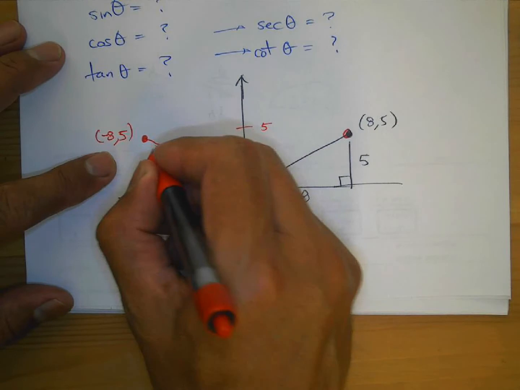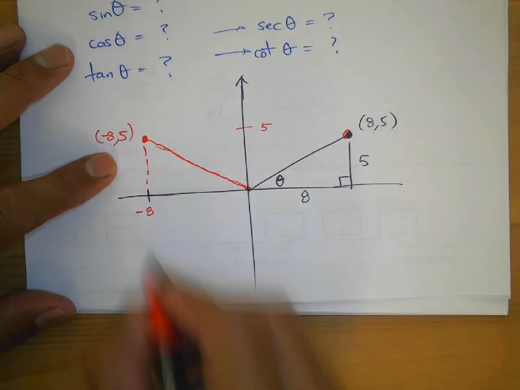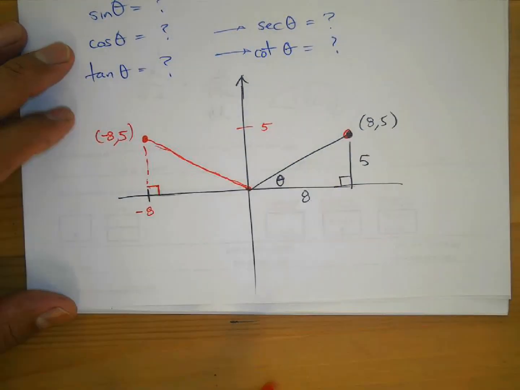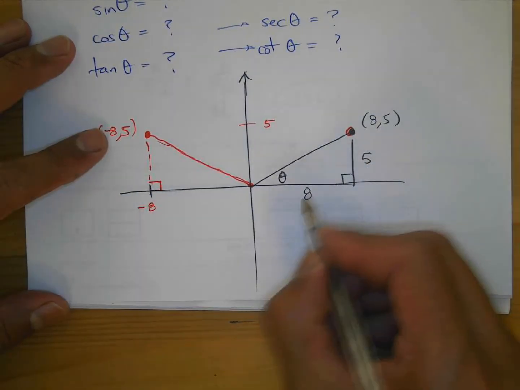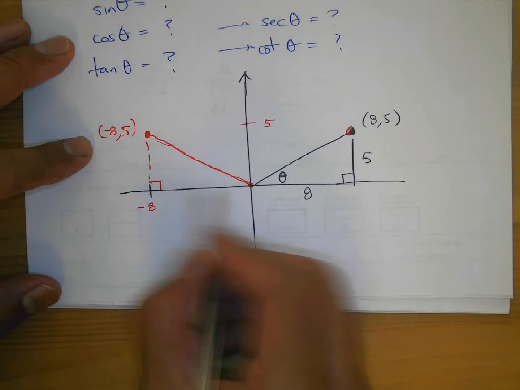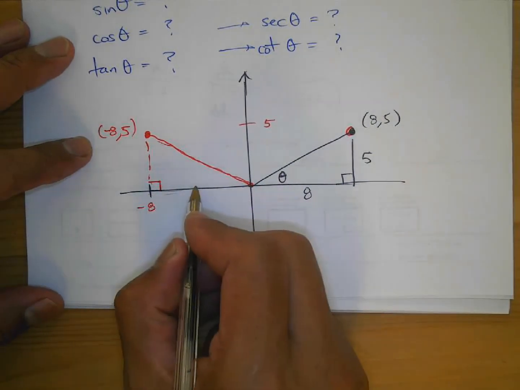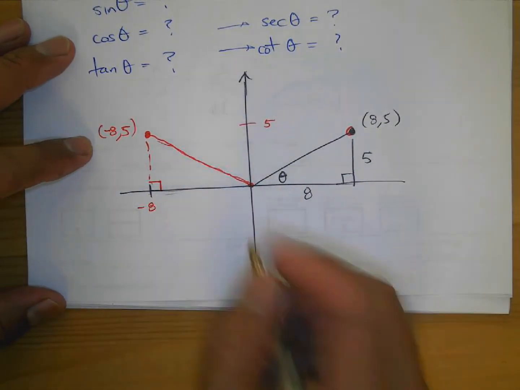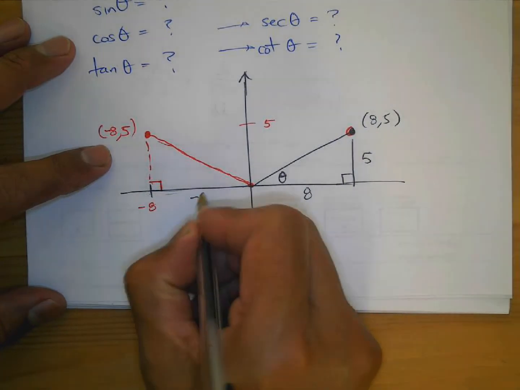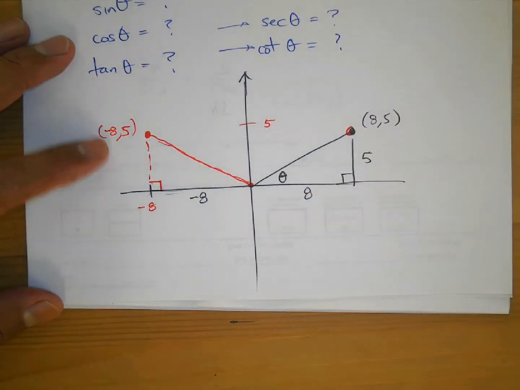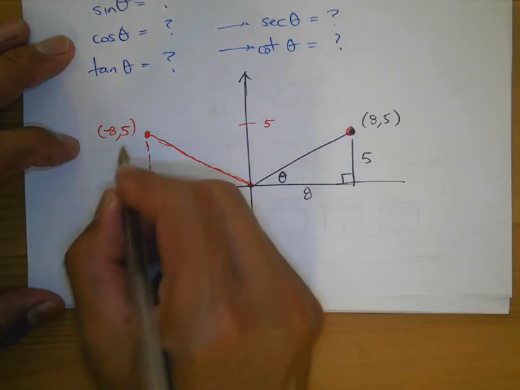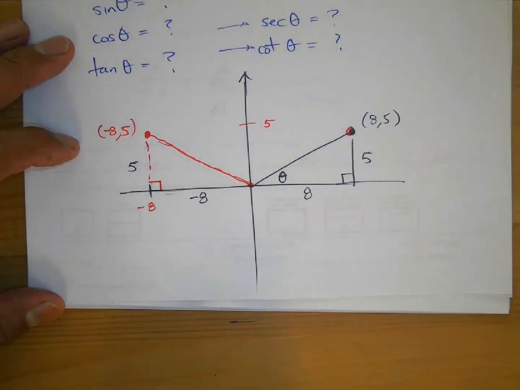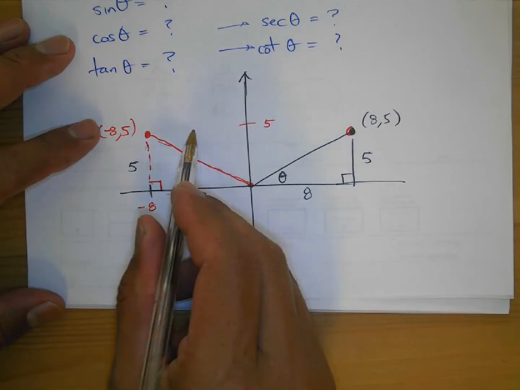When you label these sides, you can't put positive 8, positive 5, because it's in quadrant 2. This is negative 8. You have to put negative 8 because it's on this side of the quadrant. And this is positive 5. Your hypotenuse, no matter what, will always be positive.